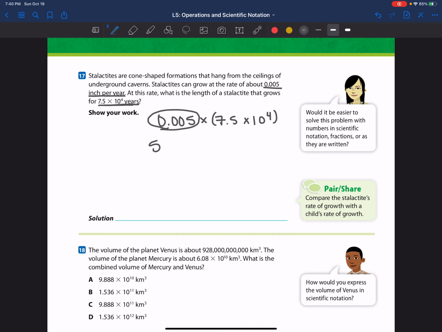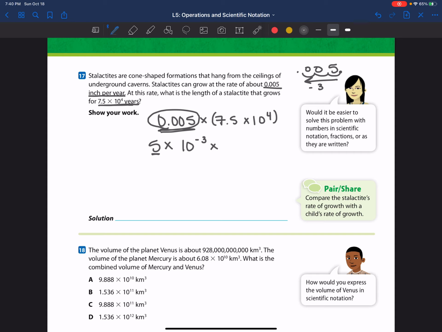So we'll have 5 times 10 to the, this 5 is much bigger than 0.005. And to get back from 5 to 0.005, I have my decimal and I'll need to move it 1, 2, 3 places to the left. And since I moved it to the left, that's a -3.